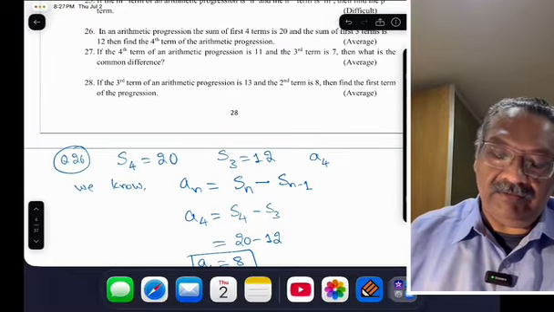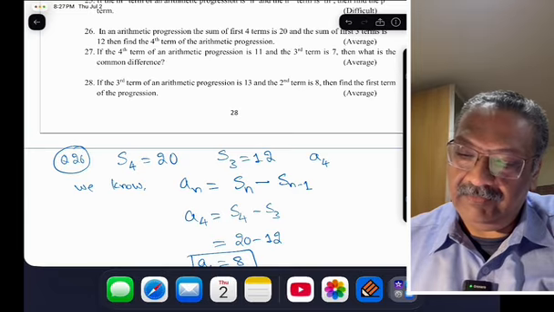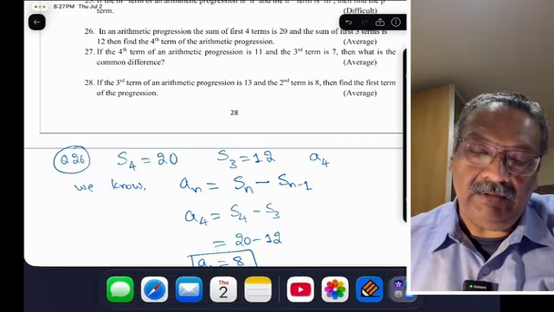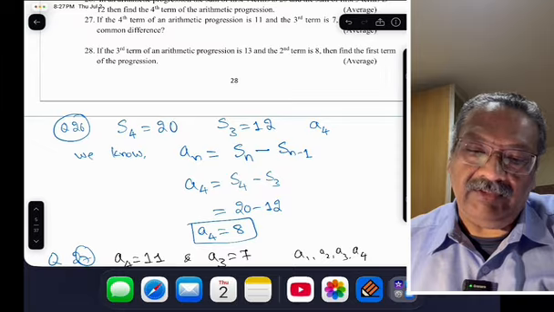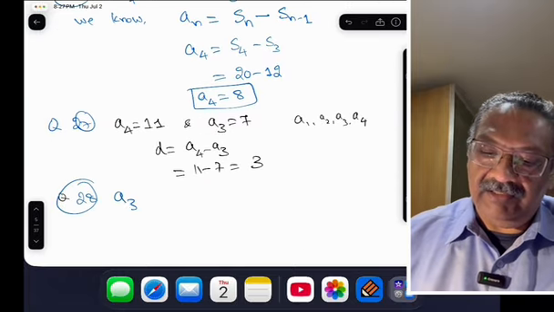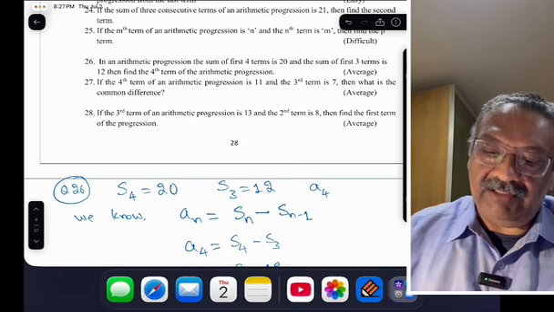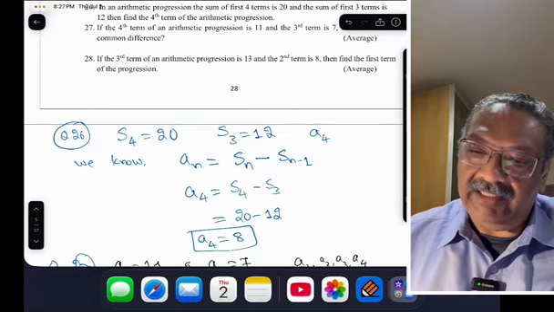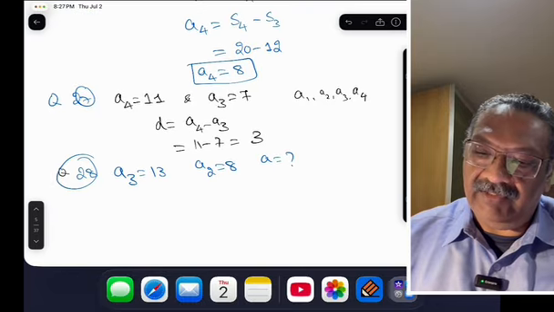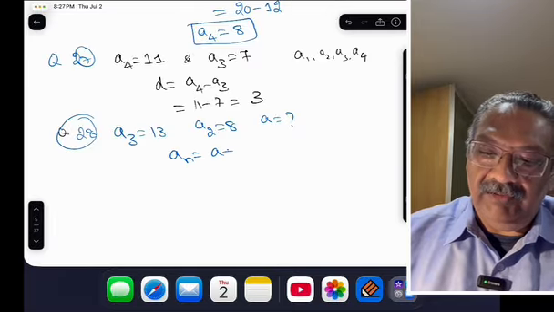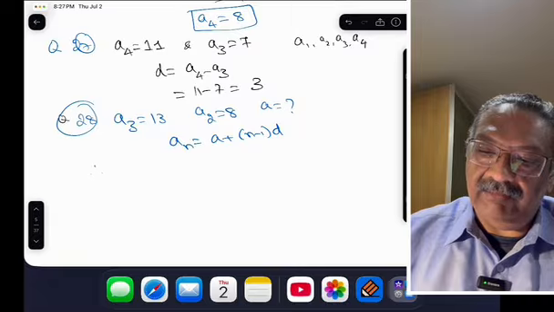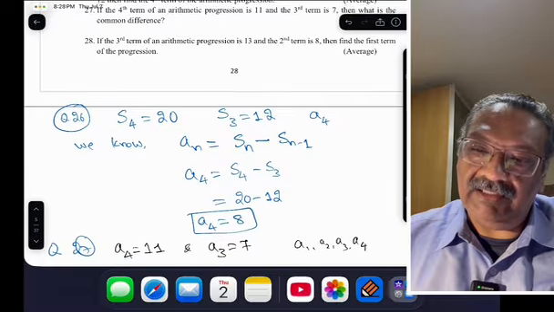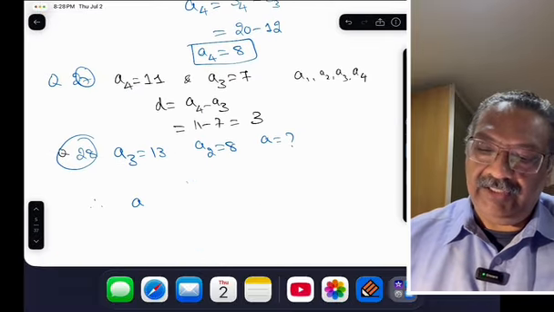28th question. What does it say? If the third term of an arithmetic progression is 13, and the second term is 8, then find the first term. We know a_n is equal to a plus n minus 1 d. But as the third term and second term are given, we don't need to use the formula.